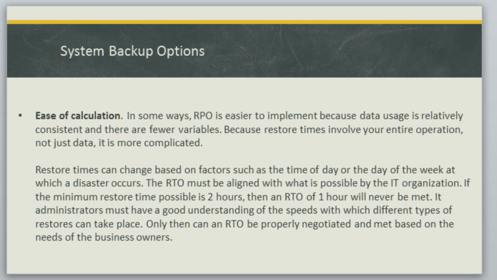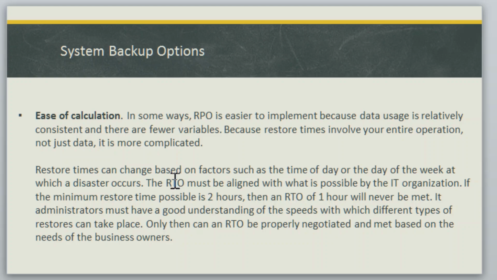And we also have to think about ease of calculation. So in some ways, RPO is easier to implement because data usage is relatively consistent and there are fewer variables. Because restore times involve your entire operation, not just data, RTO is more complicated. Restore times can change based on factors such as the time of day, or the day of week at which a disaster occurs.